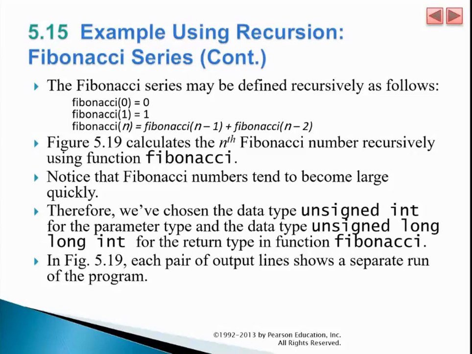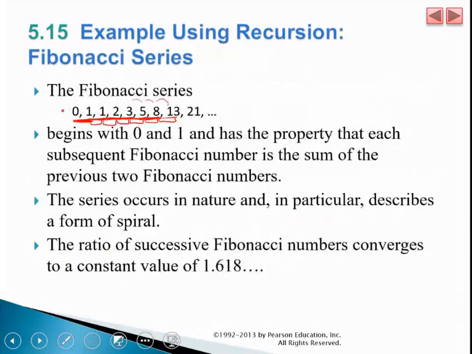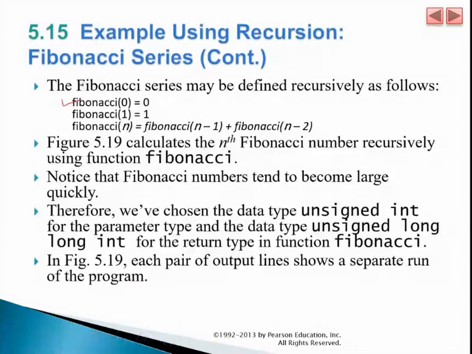The base cases are 0 and 1. Fibonacci of 0 is 0, because it is only one number. Fibonacci of 1 is again 1. So these two become the base cases.